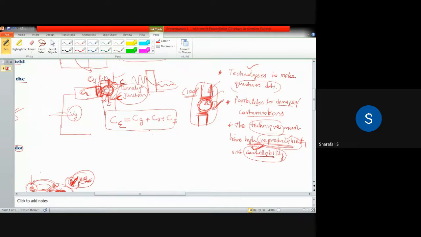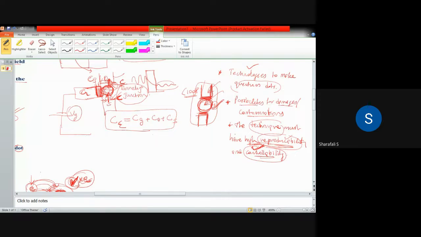Okay, we need all these kind of features, which means we need technology to make the quantum dots and to align them in the same direction or in the same line, with a very small gap between the semiconductor and the quantum dot, which will make that tunneling junction.